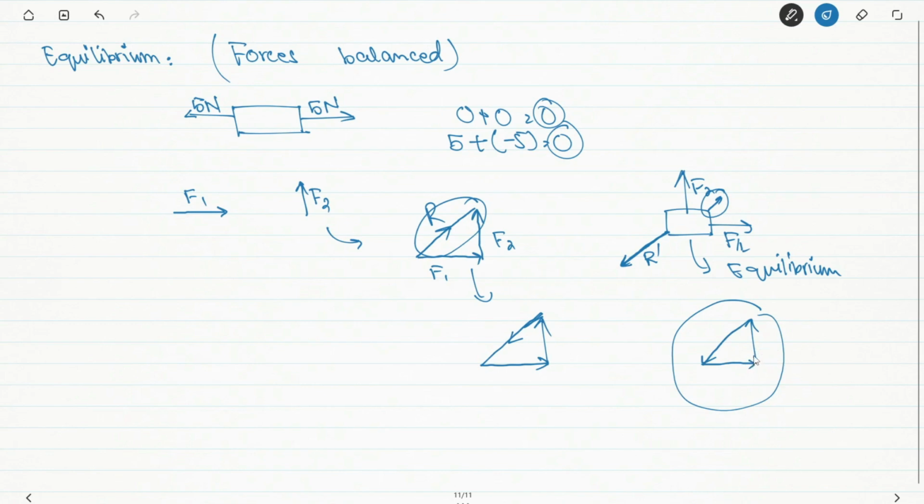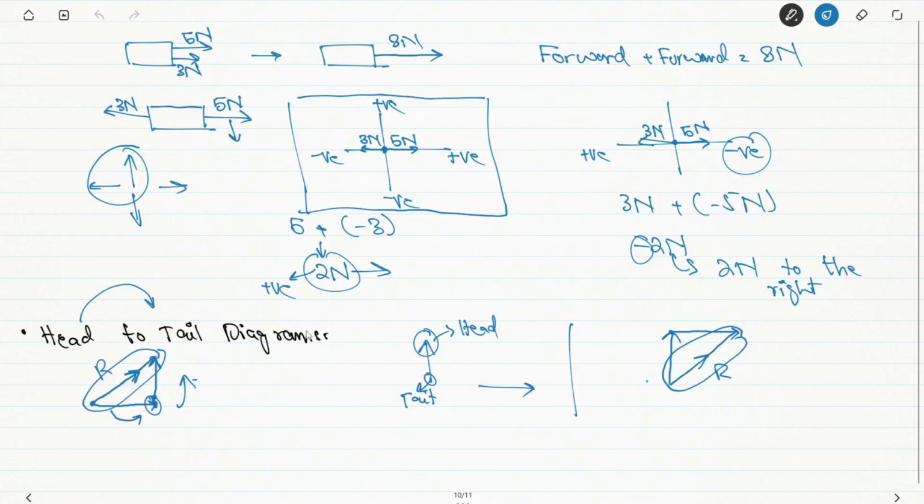Why? Because no heads are colliding. But if it's not in equilibrium, a resultant would be like this. When you do MCQs with your topicals, this will all seem very easy after a few MCQs. So make sure you do your topicals and understand this concept well.